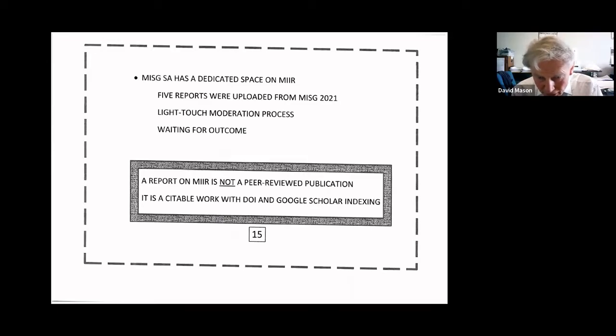MIIR says they will, so we've got to see what the outcome is. It could be that you've got a report that you do not want to take further. It's good work, but you're dissatisfied with it, then submitting it to the MISG Industry Repository is a very good idea.